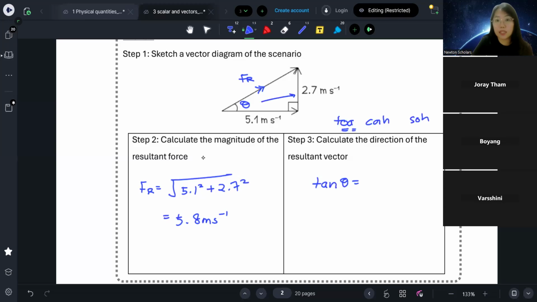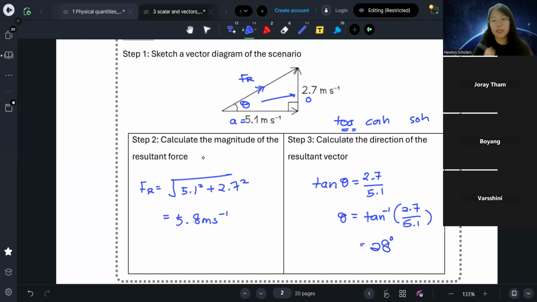Opposite to this angle is this, this is adjacent. So I should use 2.7 divided by 5.1. Theta is tangent inverse of 2.7 divided by 5.1, so here the answer should be 28 degrees. This one we learned in Year 10 and Form 5, so I don't talk in detail. Until here, any question? Can I continue to proceed?